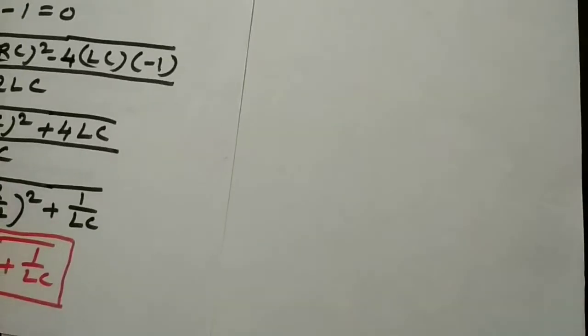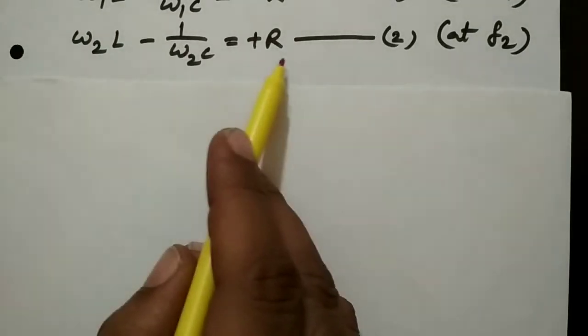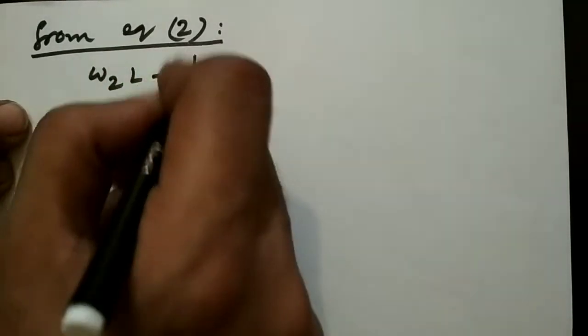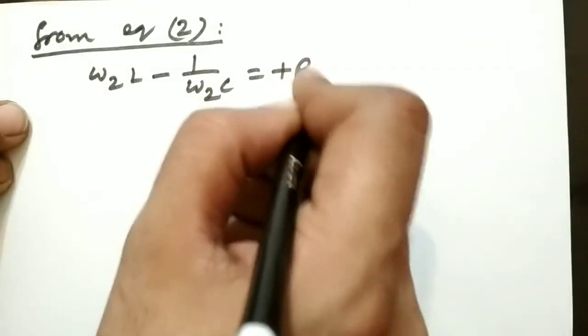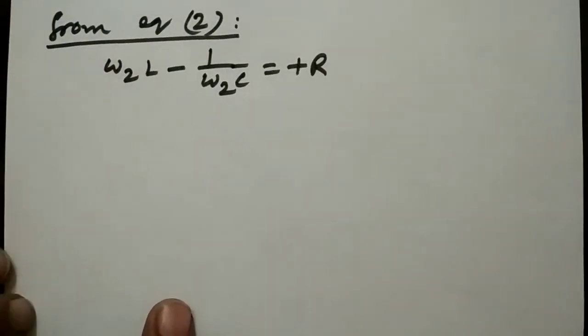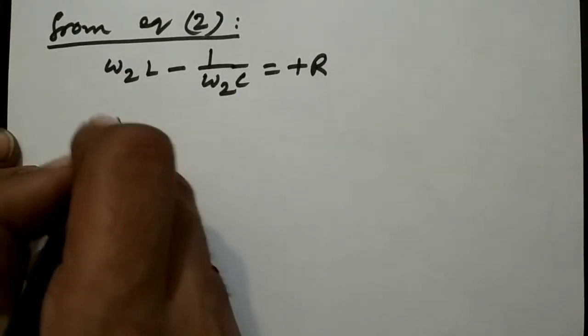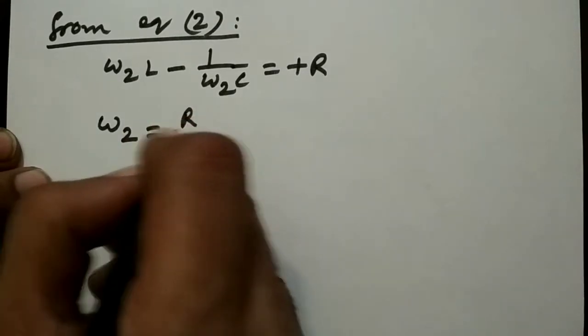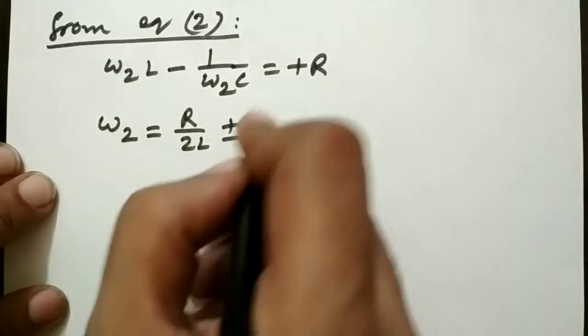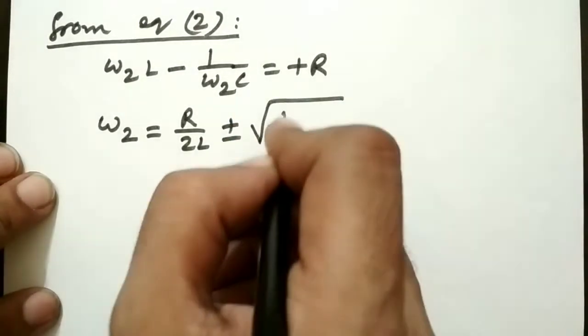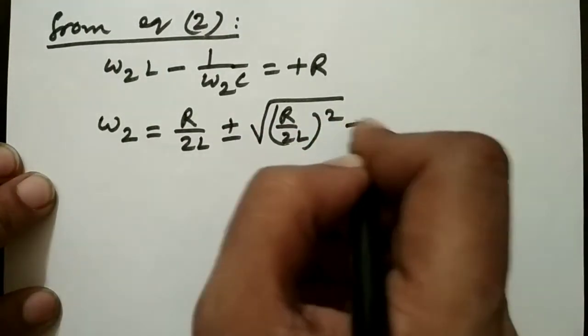Now the second equation that we have already written here, omega 2 L minus 1 upon omega 2 C is equal to plus R. So from equation 2, in the same process, that is omega 2 L minus 1 upon omega 2 C is equal to plus R. So in the same process, if we simplify this, we will get the value of omega 2 as R by 2L plus minus square root of R by 2L whole square plus 1 by LC.